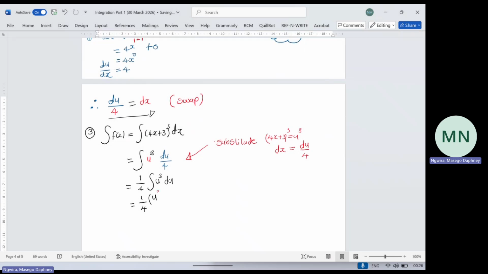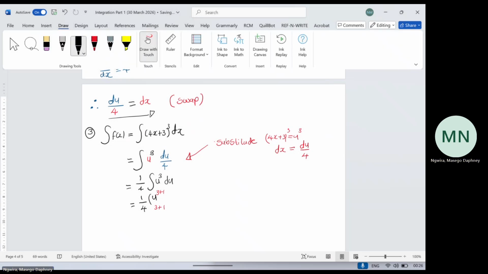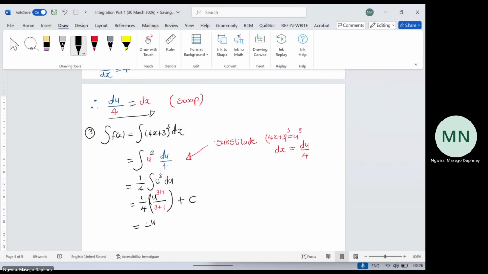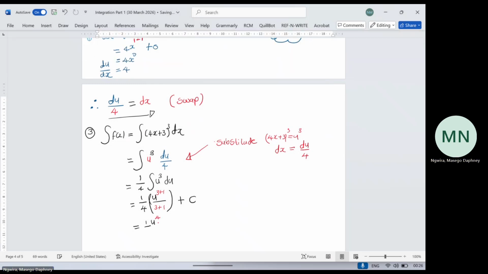Don't forget, 3 plus 1 over 3 plus 1. That's how you integrate. And then you say plus c. Don't forget. And then we are going to say 1 over 4, then u to the power of 4 over 4. So this is 4, then 4 over 4.